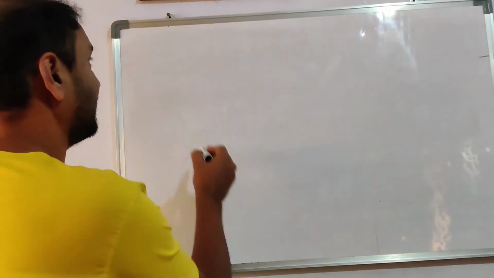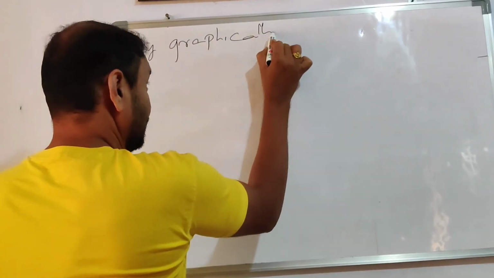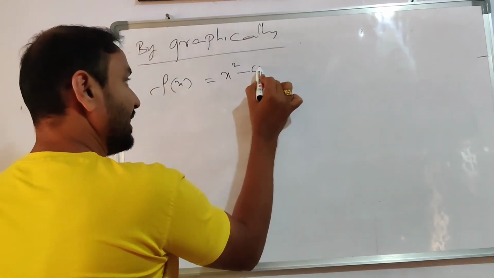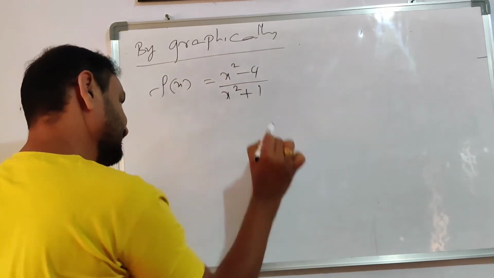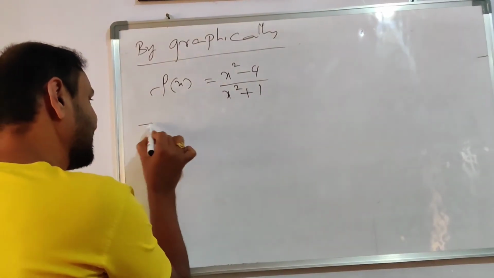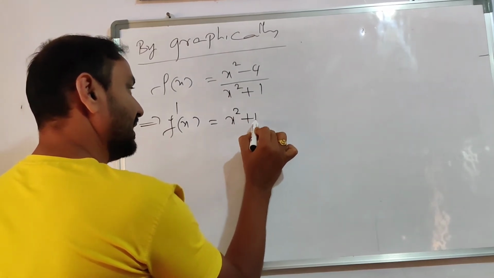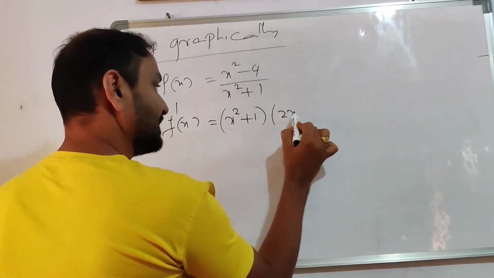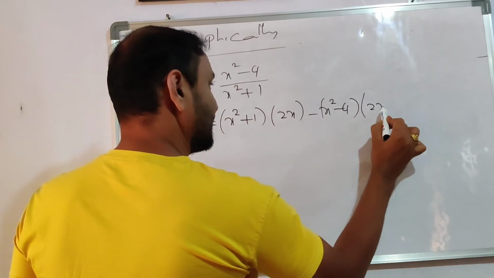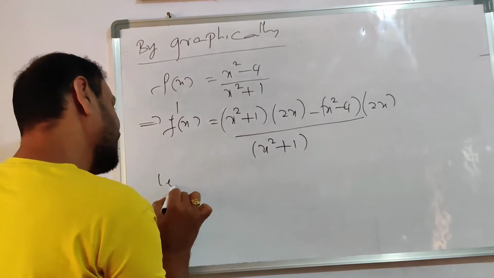Now graphically, I am taking the same function, f(x) = (x² − 4)/(x² + 1). We can draw the graph of this. First take f'(x). By the u/v method, f'(x) = [(x² + 1)(2x) − (x² − 4)(2x)]/(x² + 1)². Let the slope equal 0.